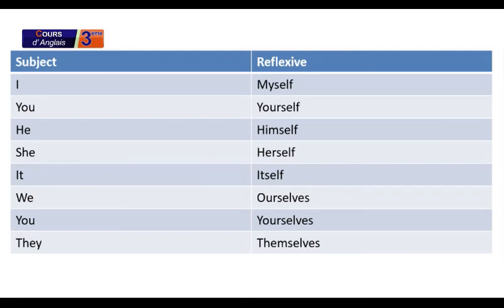For I, myself, you, yourself, he, himself, she, herself, it, itself, we, ourselves, you, yourselves, and they, themselves.